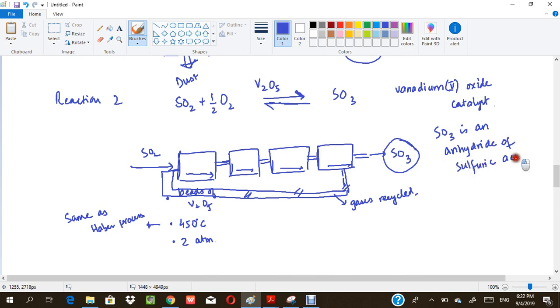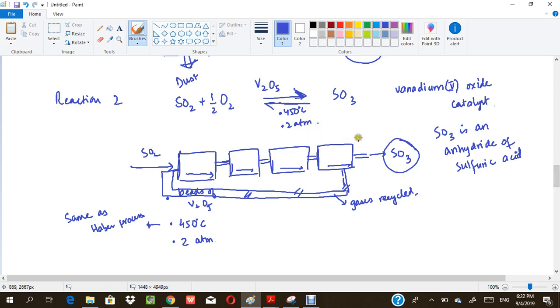That means if we add water to sulfur trioxide, we are going to get sulfuric acid. But the problem is that things are not as simple as this. You can write the conditions on this arrow as well, and copy this equation down. We need 450 degrees Celsius temperature and 2 atmospheric pressure.